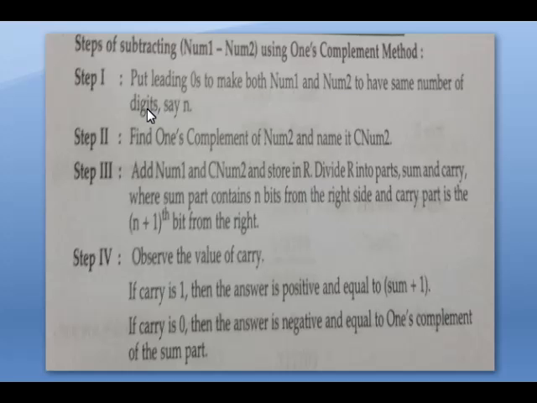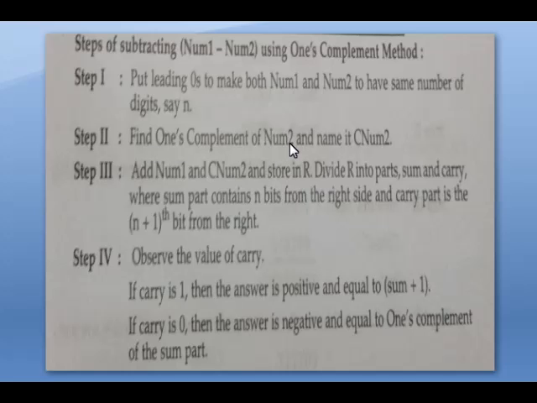If any space is empty in number 1 or number 2, we have to put zeros in the leading place. Step 2: find the ones complement of number 2.